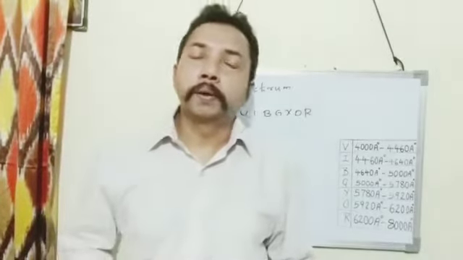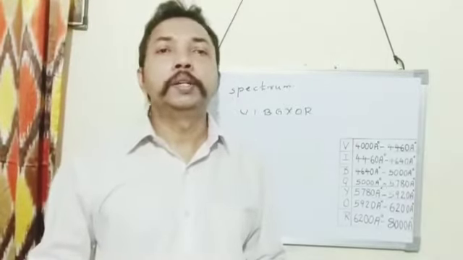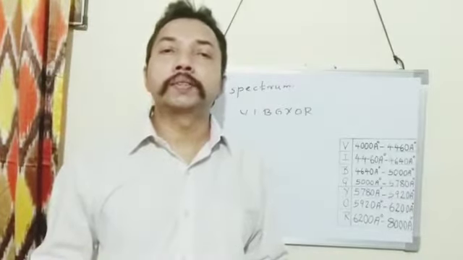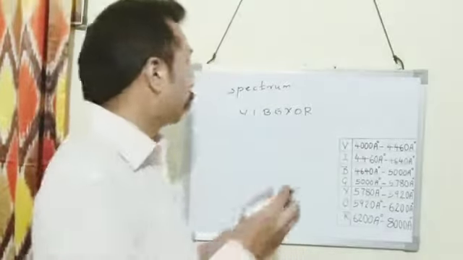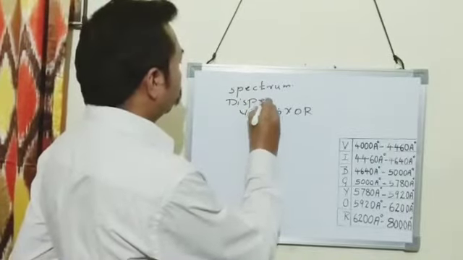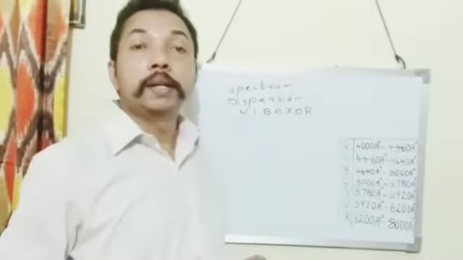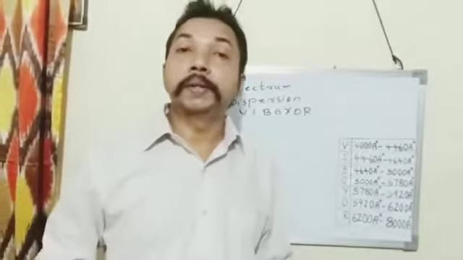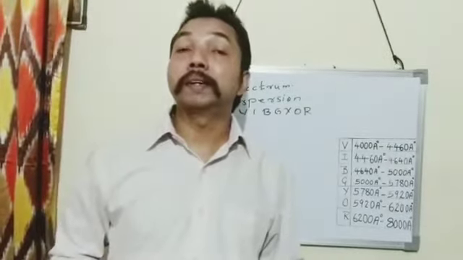The phenomenon of splitting of white light into its constituent 7 colors is called dispersion of light. So dispersion of light means the phenomenon of splitting of white light into its constituent colors.